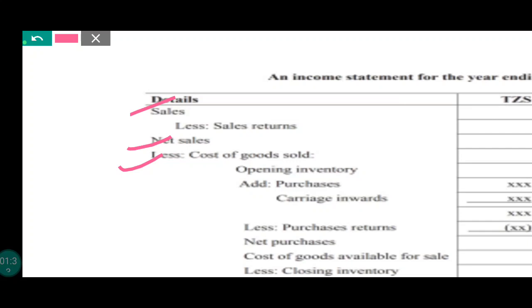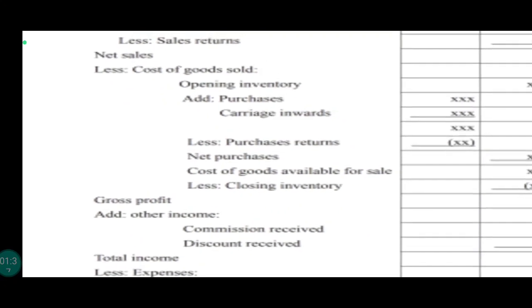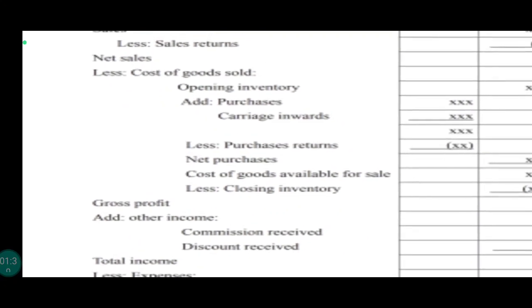You can find cost of goods sold by the formula: opening stock or opening inventory, add purchases, carriage inward or any other direct expenses related to purchases, less purchase returns. So you get cost of goods available for sale, less closing stock or closing inventory.